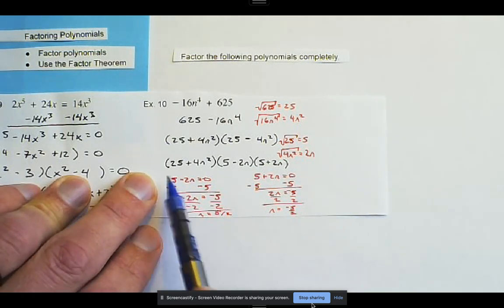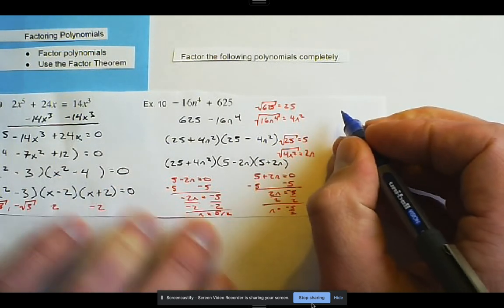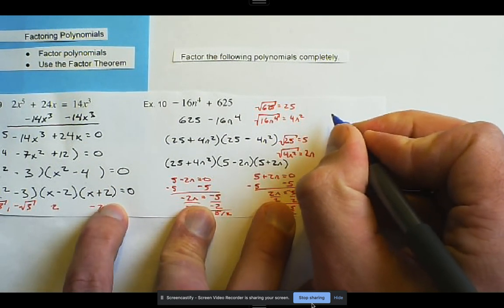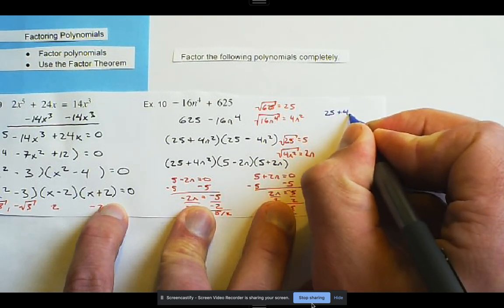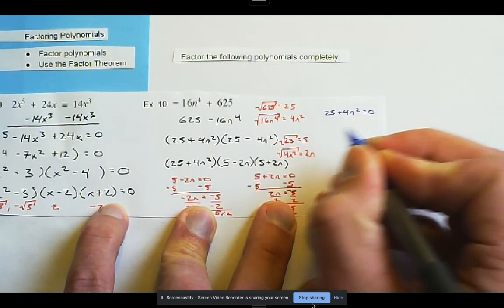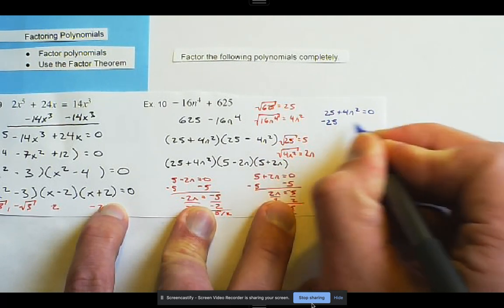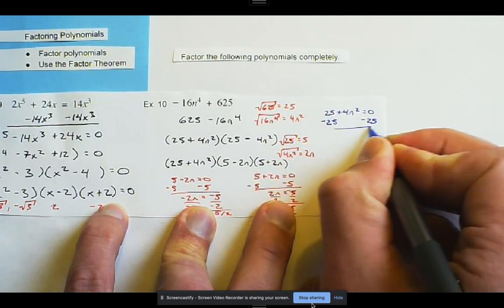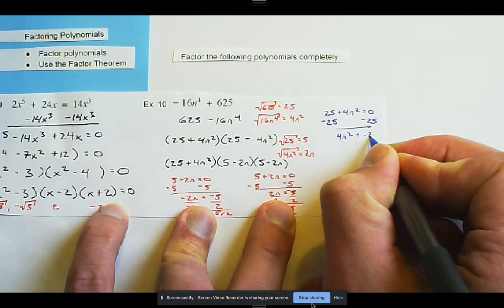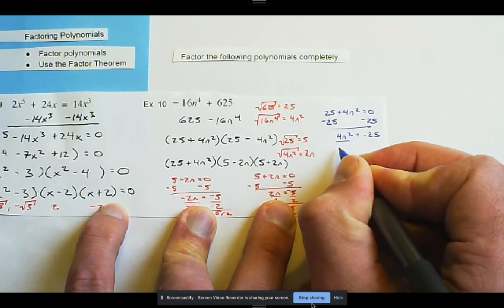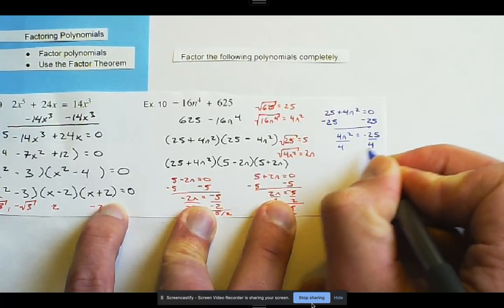And now we have our last part over here, our last binomial. 25 plus 4n squared is equal to 0. So subtract 25. And then we get 4n squared is equal to negative 25. And then we divide by 4.